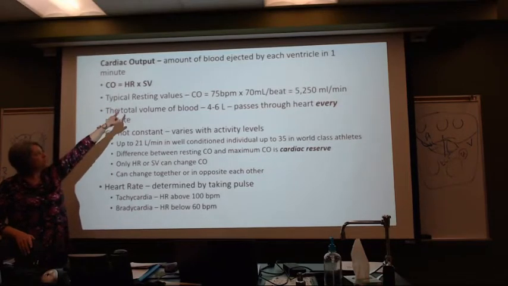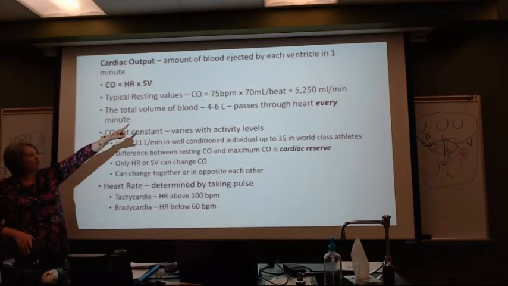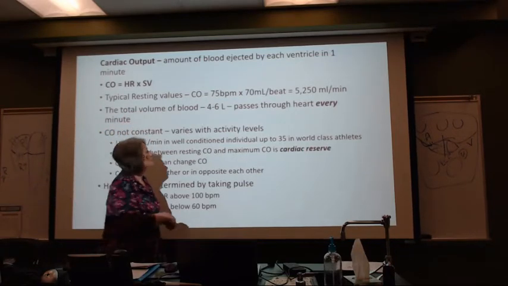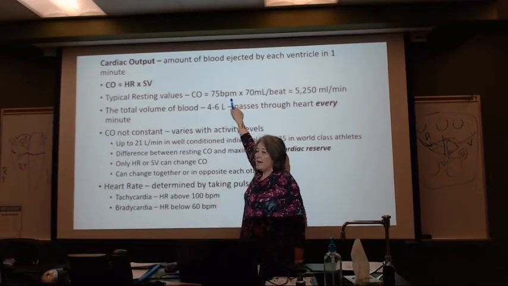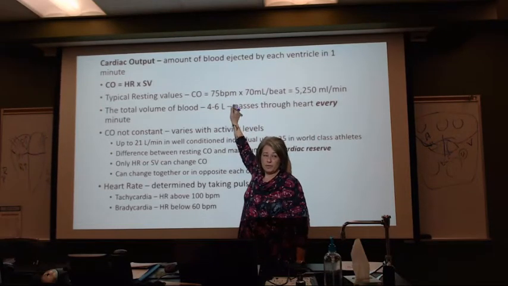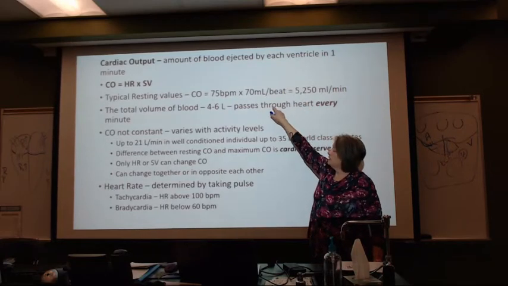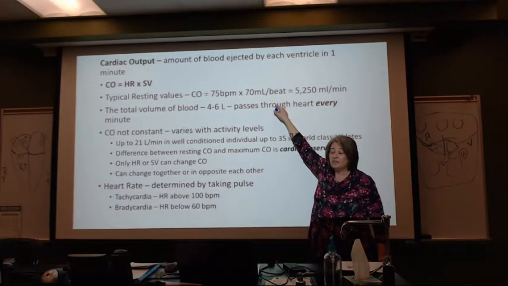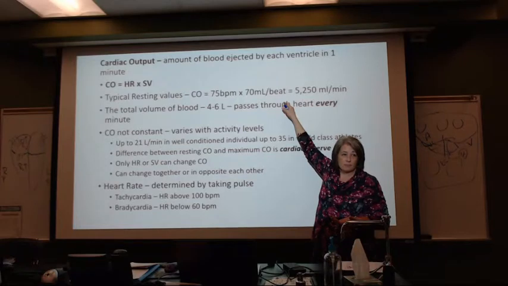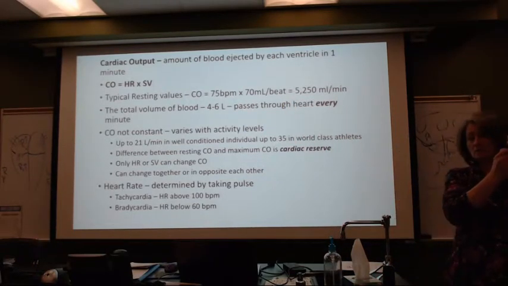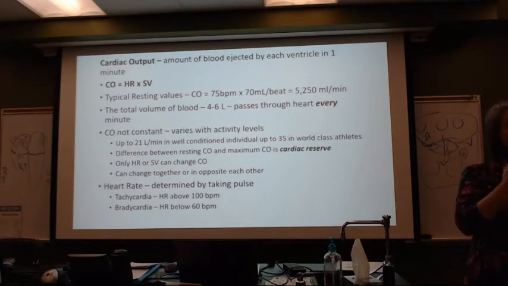A typical resting value for cardiac output under normal conditions is about 75 beats per minute. In that heartbeat, there's about 70 milliliters of fluid. If you think about the structure of the heart, in a heartbeat there should be about 70 milliliters present.